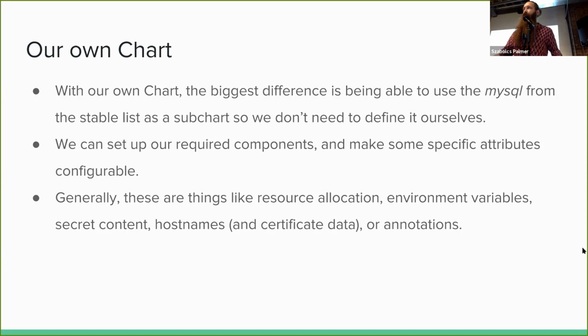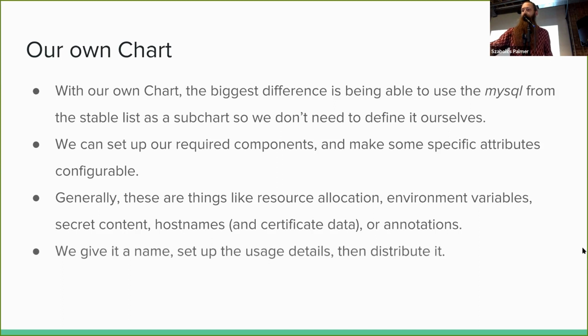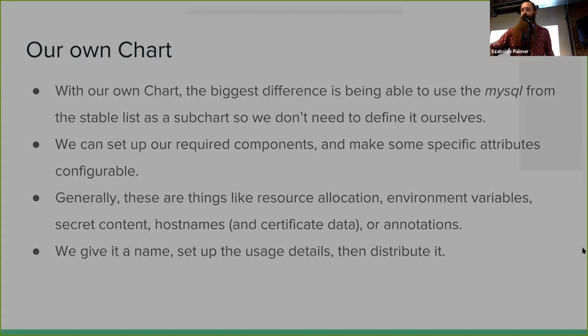If you're running in a very small cluster, you might not allocate as much CPU or memory as somebody else who's running a much bigger cluster. We can give our chart a name, and we add some details on how people can use it, how they can tweak it, how they can contact you if they need some help, and then we can publish it.